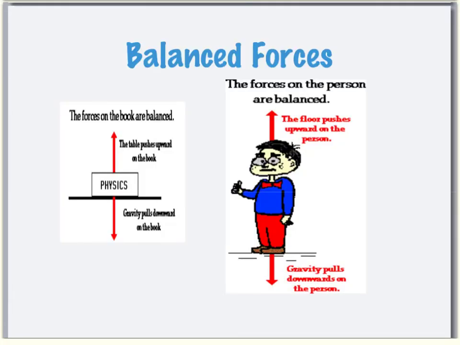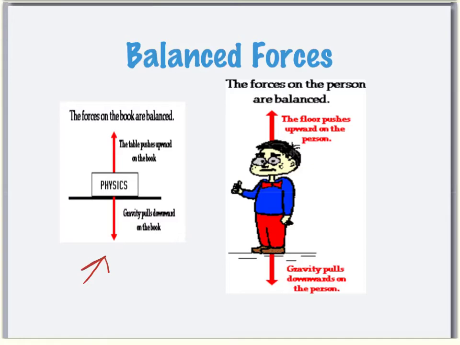Examples of balanced forces that you may not think about, that we come across every day, involve gravity as well. And we're going to talk about gravity in a little bit. But for example, a book is sitting on a desk right here. Now, you don't realize this, but gravity is pulling the book downwards, towards the earth.